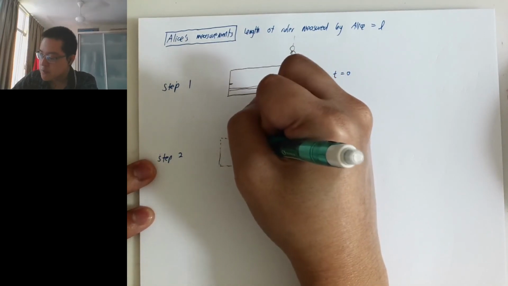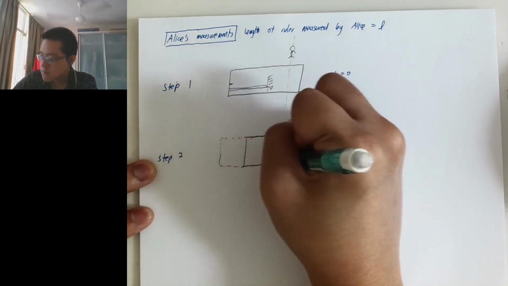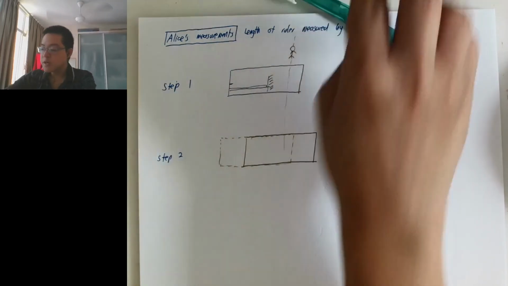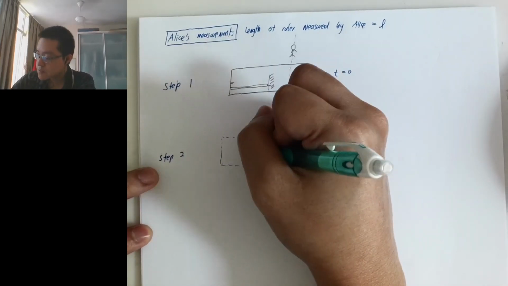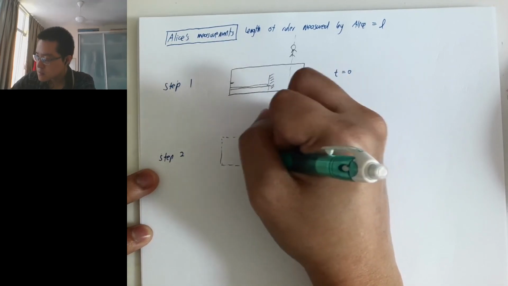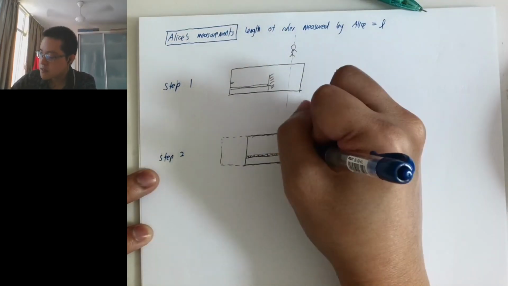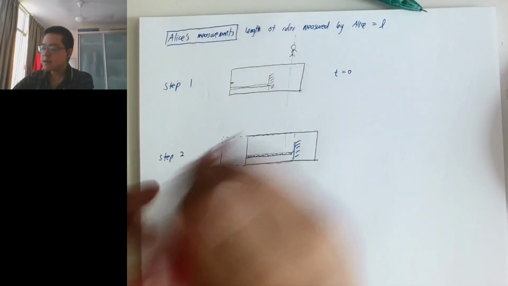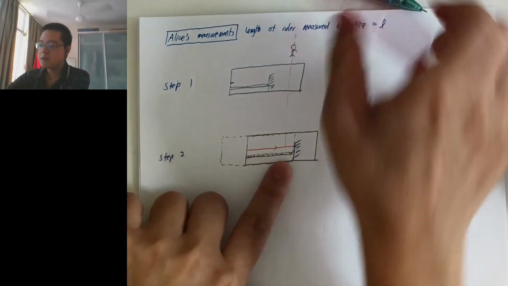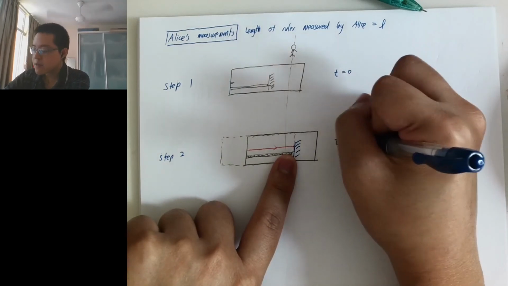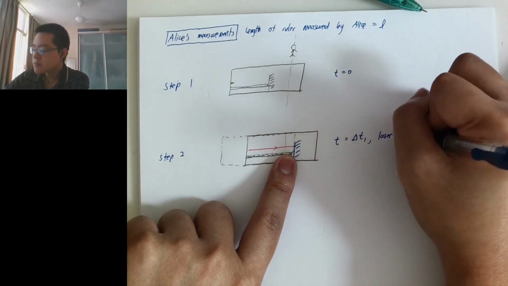The train will be here now, so this is my rod now, and my mirror is here. Let's say this is the time where the laser hits the mirror. So at time equals delta t1, the laser hits the mirror.